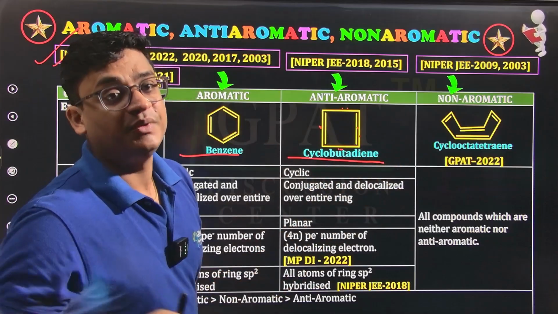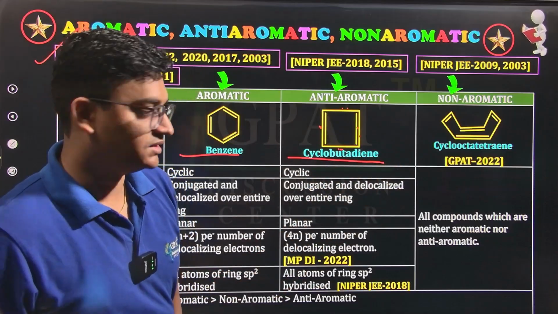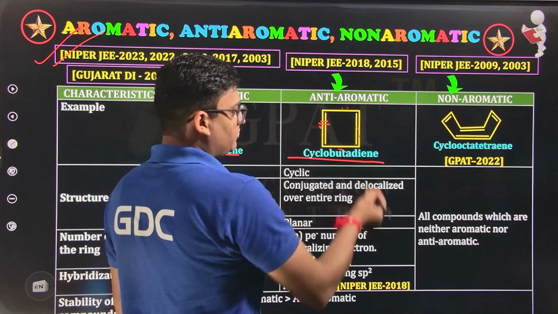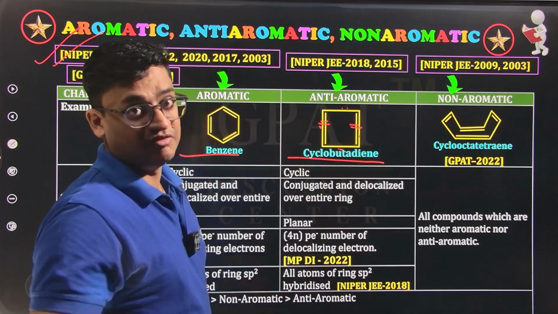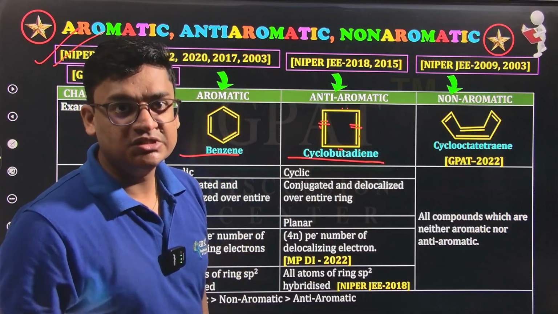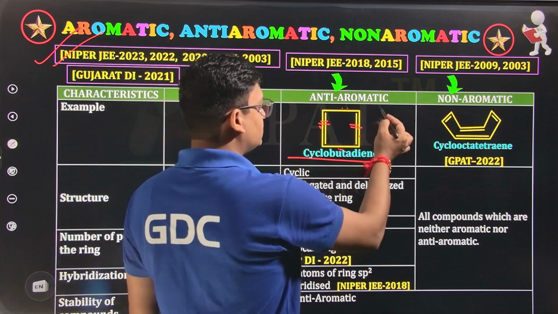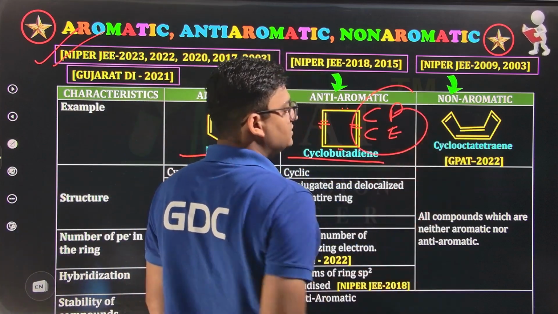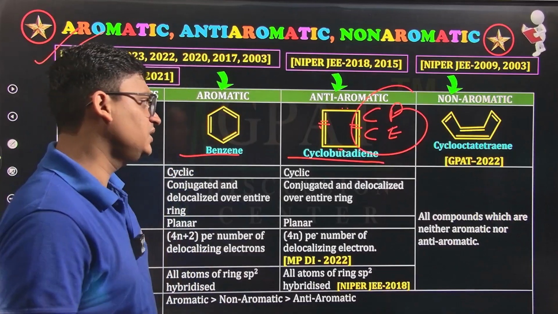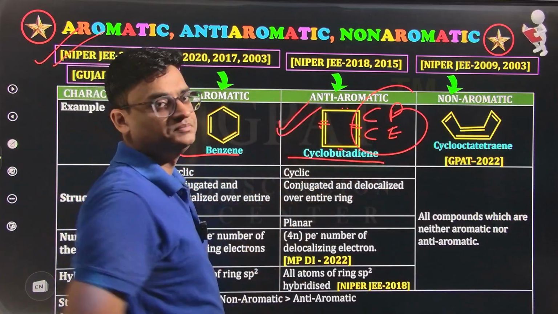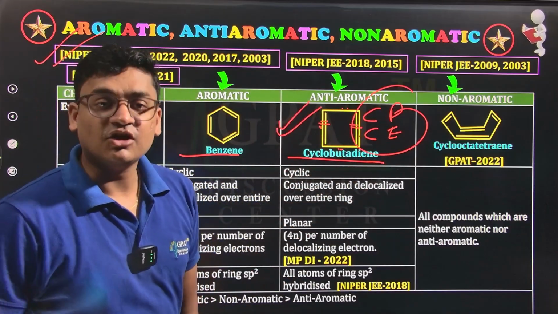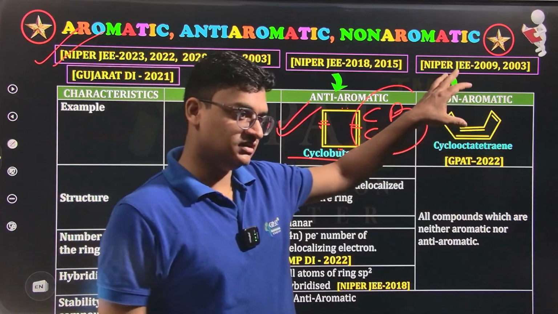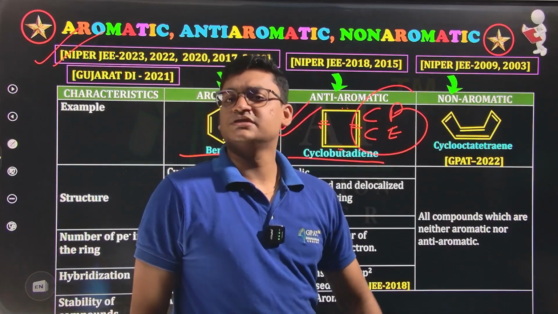How many electron pairs are actually participating in the conjugation? One pair from this pi bond, the other pair from this pi bond. So we are having two pairs, and 2 is an even number. So this structure is following CpCe. Simple. It's an anti-aromatic structure. And the next, the last one, that is non-aromatic.